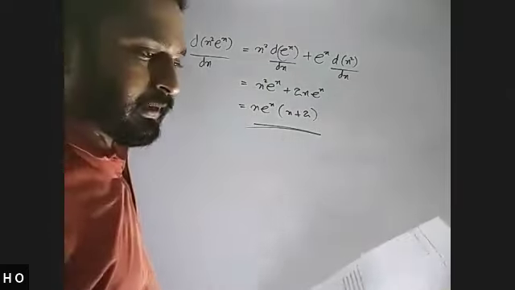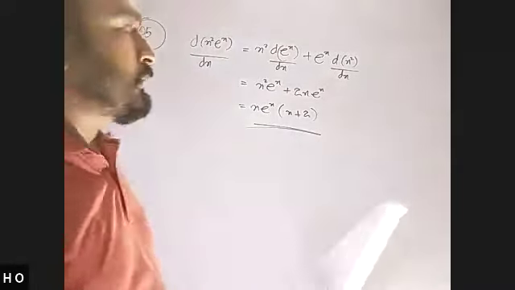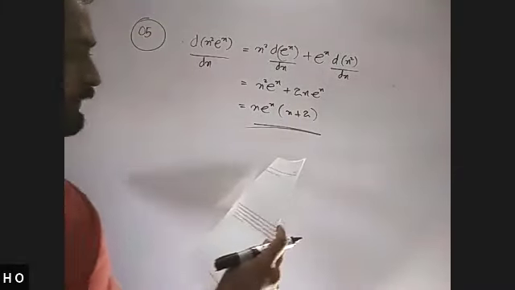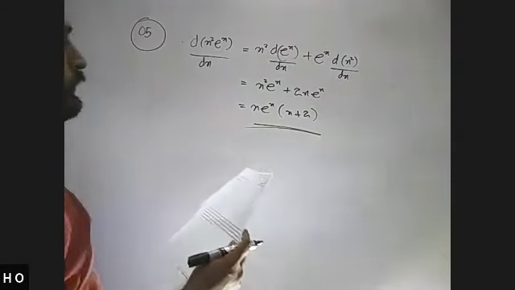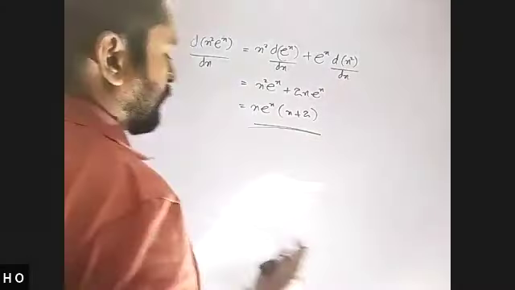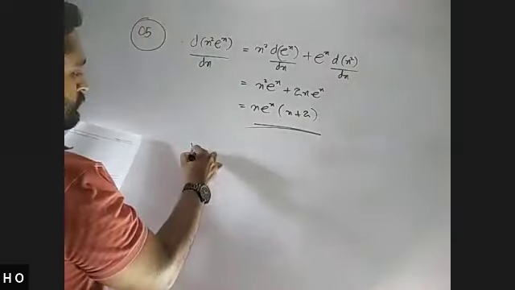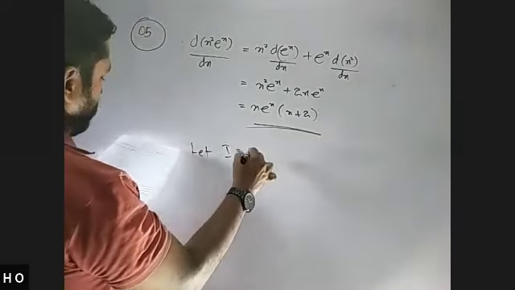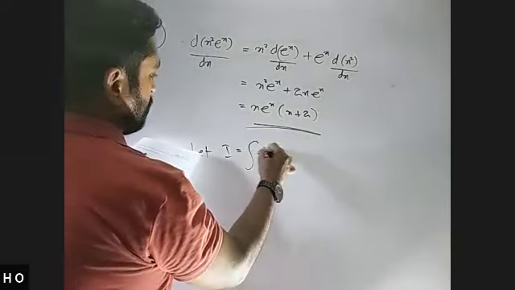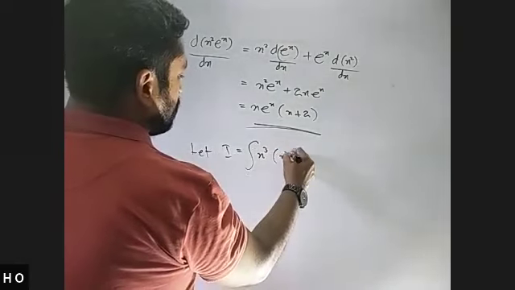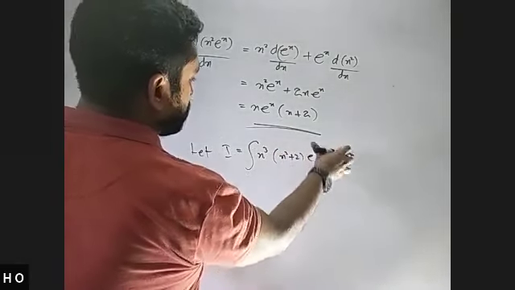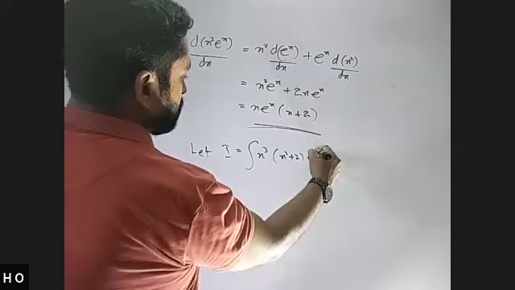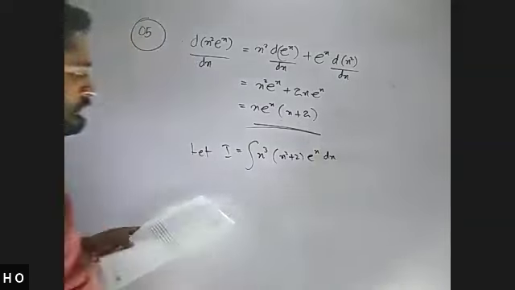Done. The next: now we have to find the integral of x squared plus 2x times e to the power x dx. So let the integral be the integral of x squared plus 2x e to the power x dx.